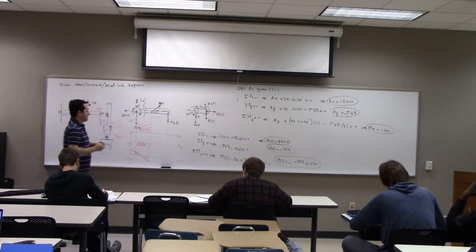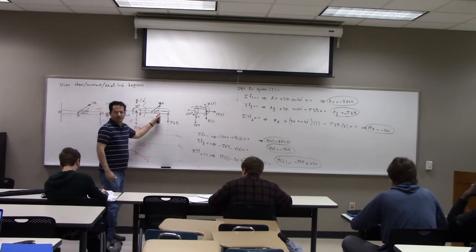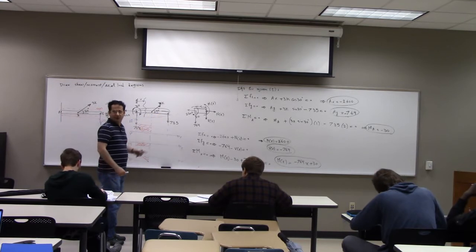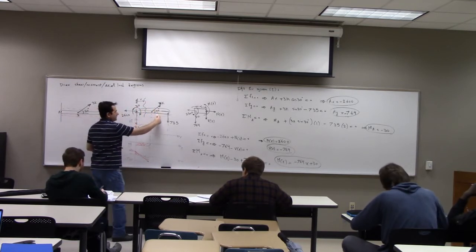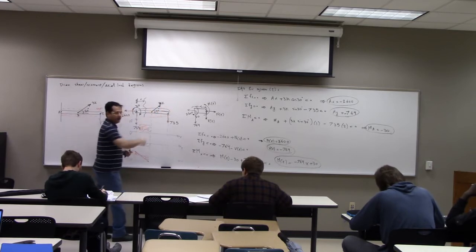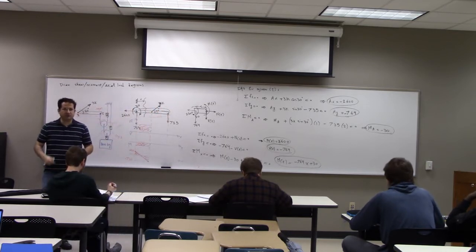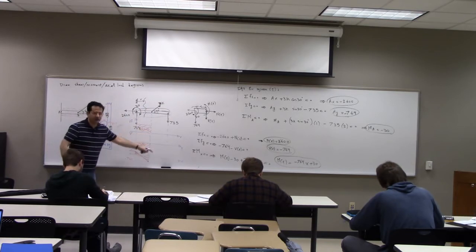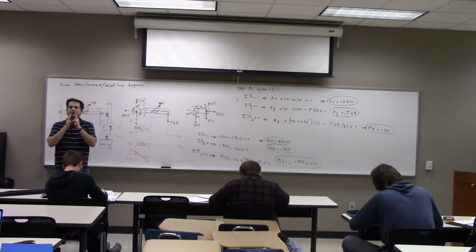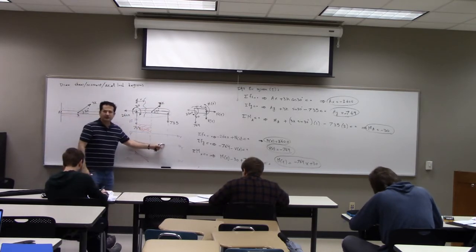Now we go to the next interval. For the next interval, I'm free to take either this side or the one on the right side. Both should give exactly the same plot. Again, the equations may look different, but when you plot them, they're exactly the same plot.